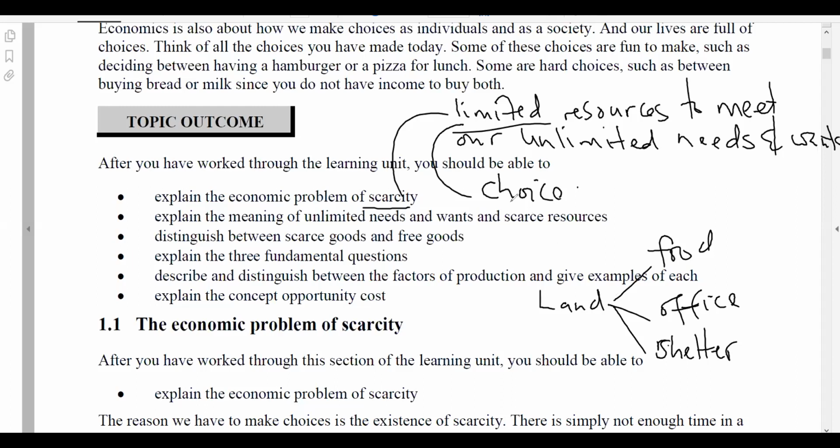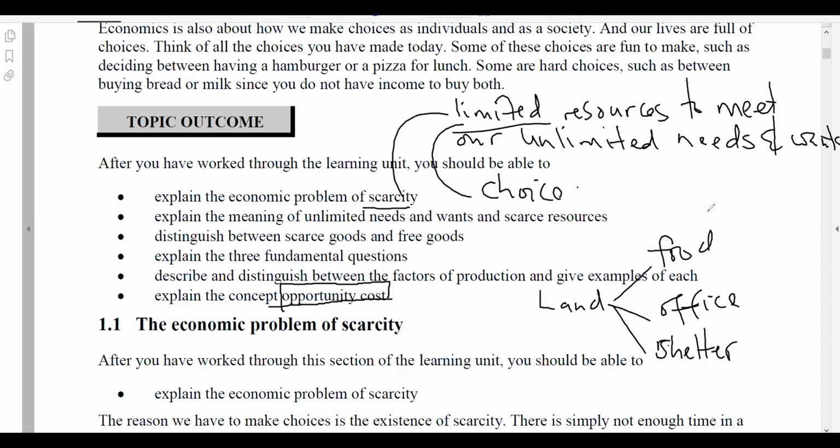So whenever we make choices, there's this concept that also comes up, which is called the opportunity cost. We are deciding on what you're going to use the land for.